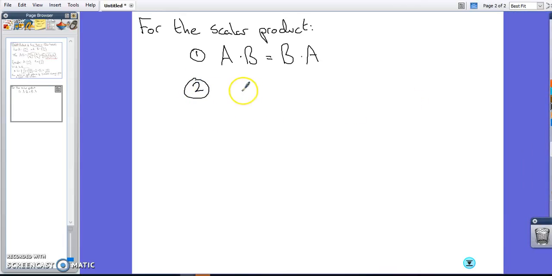We also have that A plus B dotted with vector C is equal to A dot C plus B dot C. So this rule says that you can multiply out brackets that contain vectors.